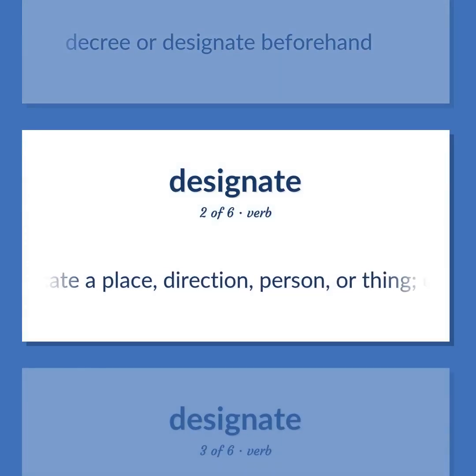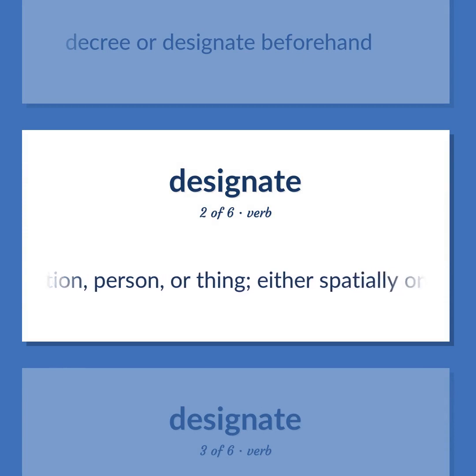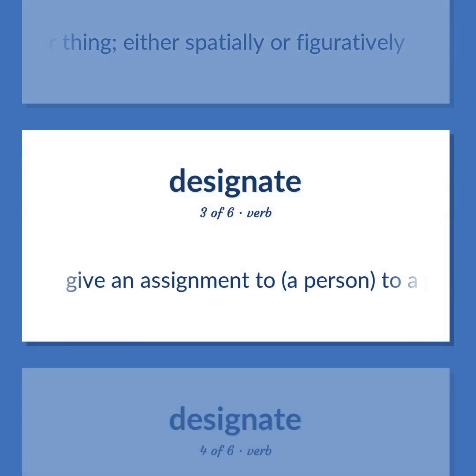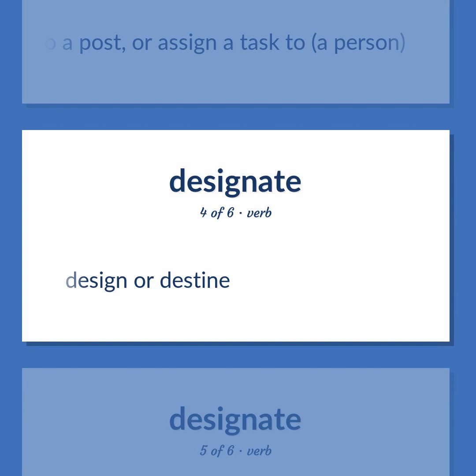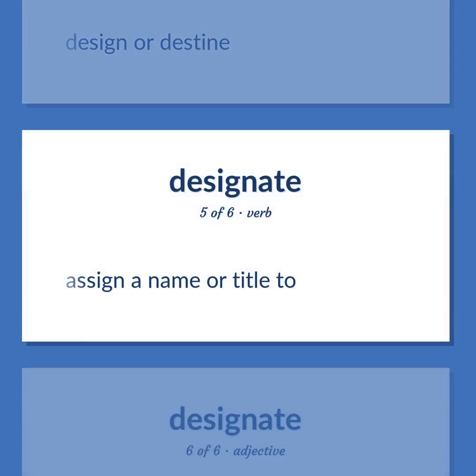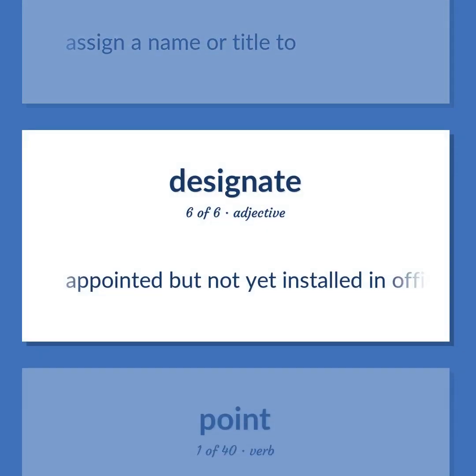Indicate a place, direction, person, or thing, either spatially or figuratively. Give an assignment to a person, to a post, or assign a task to a person. Design or destine. Assign a name or title to. Appointed but not yet installed in office.